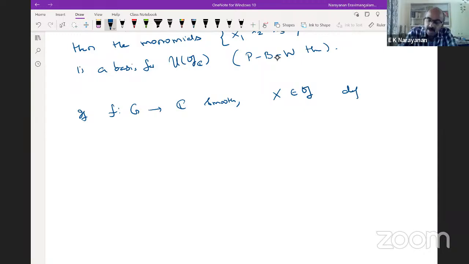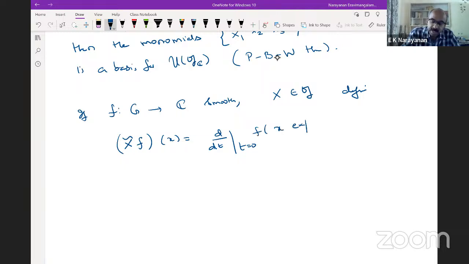To distinguish between x and the differential operator, let us look at x tilde acting on the function f. I'm going to differentiate f in the direction of the Lie algebra element x. At some point g, that is simply d by dt at t equal to 0 of f of g exp tx.